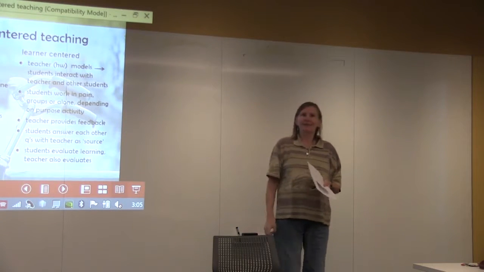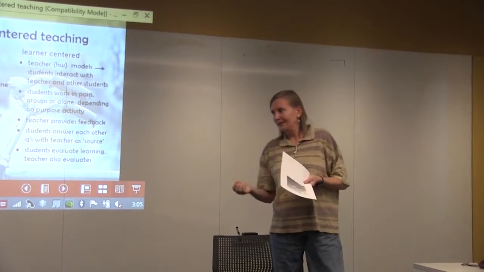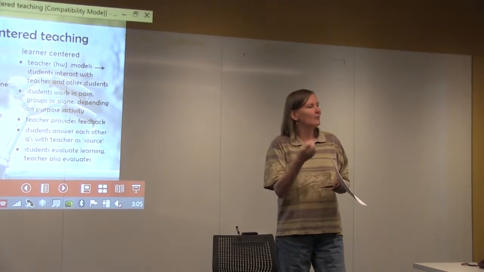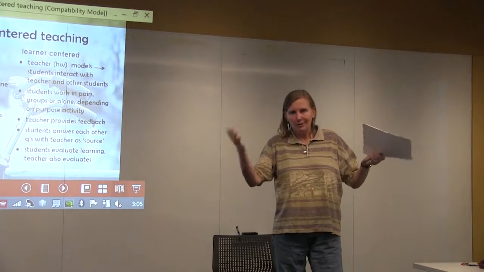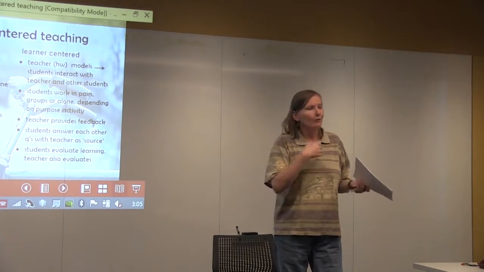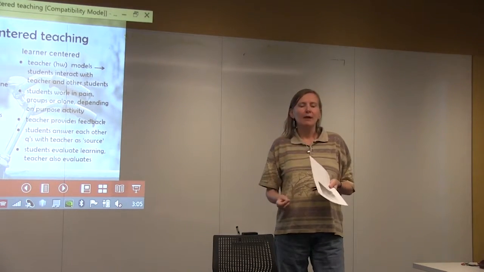And Canvas, I come back to Canvas, you have beautiful things like peer review options, right? You can ask students to evaluate their peers' writing or speaking. So you can do that easily in Canvas. That's a nice thing of Canvas.